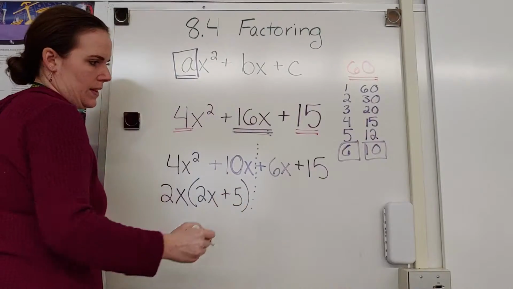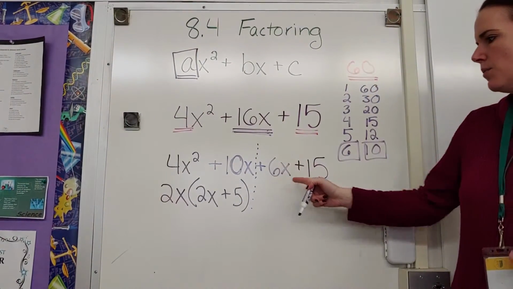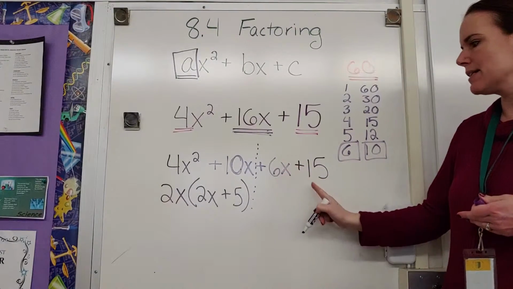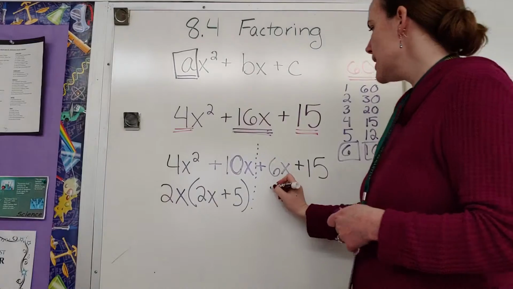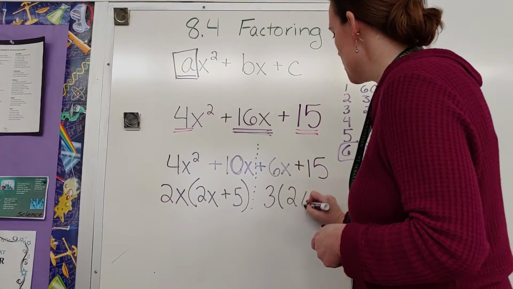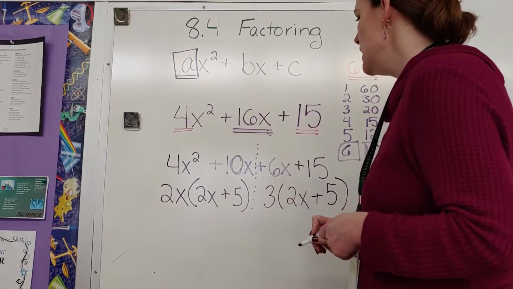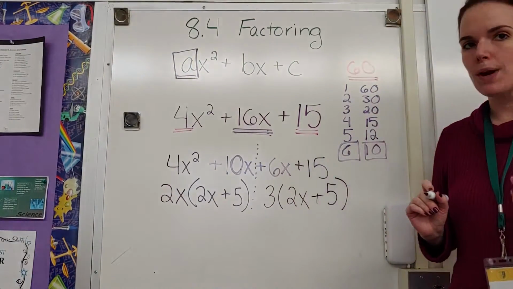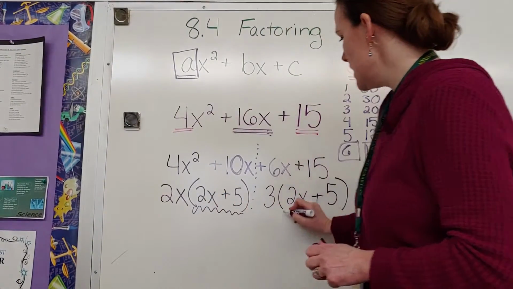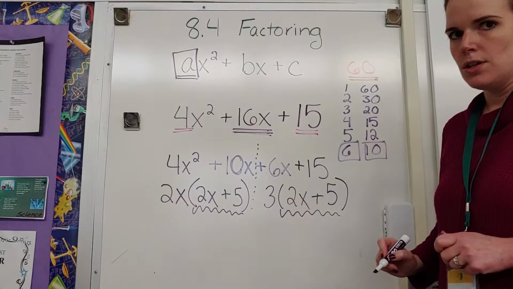You're going to do the exact same thing with this side. You're going to see what can I factor out of 6x and 15? Well, I can take a 3 out of both of them. And then what I'm left with is 2x plus 5. If you do this correctly, these terms that are in parentheses will always match.